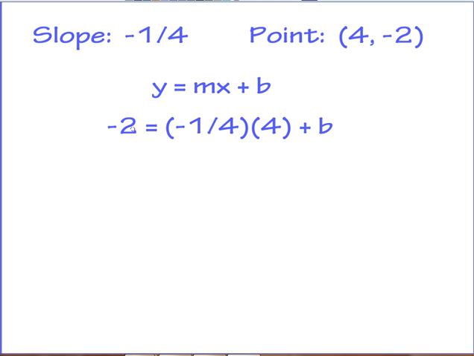Y, remember, is the y value on my point, m is my slope, and x is the x value on the point. When I multiply -1/4 times 4, I get -1. So now I have -2 equals -1 plus b. And when I add 1 to both sides, I'm going to get b is -1.